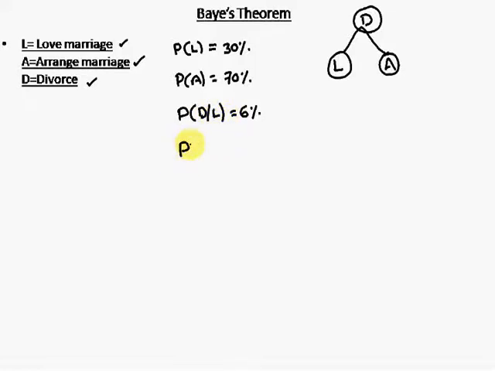Similarly you come across the probability of D given A occurs, let it be 3%. These 4 items of data he is going to provide in the problem: probability of the love marriages, probability of the arranged marriages, D given L occurs, and D given A occurs.